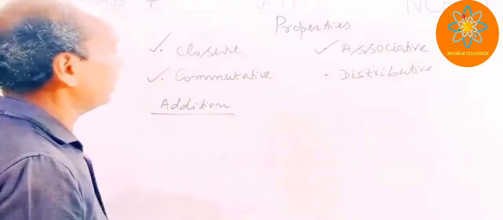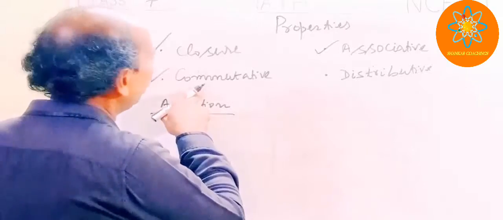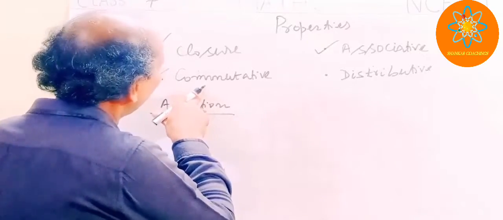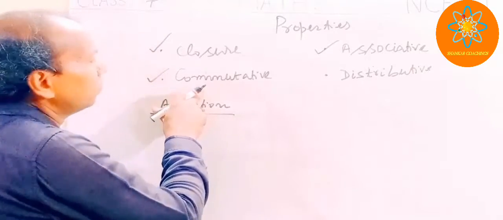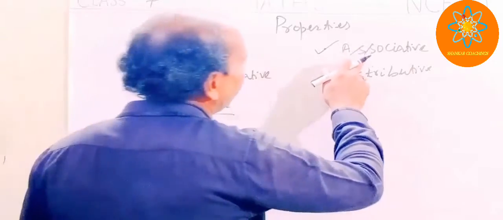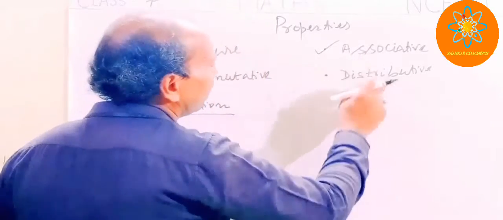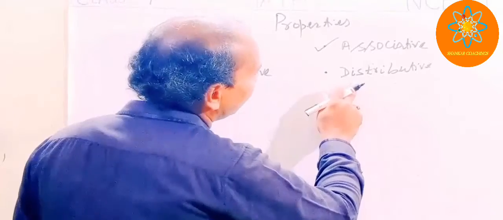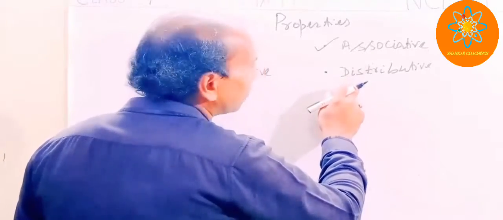In the addition case, let's suppose we have 3 numbers. Mind it, for the commutative property we have 2 numbers, but in the case of associative we have 3 numbers, and in the case of distributive it is 3 or more than 3 numbers.